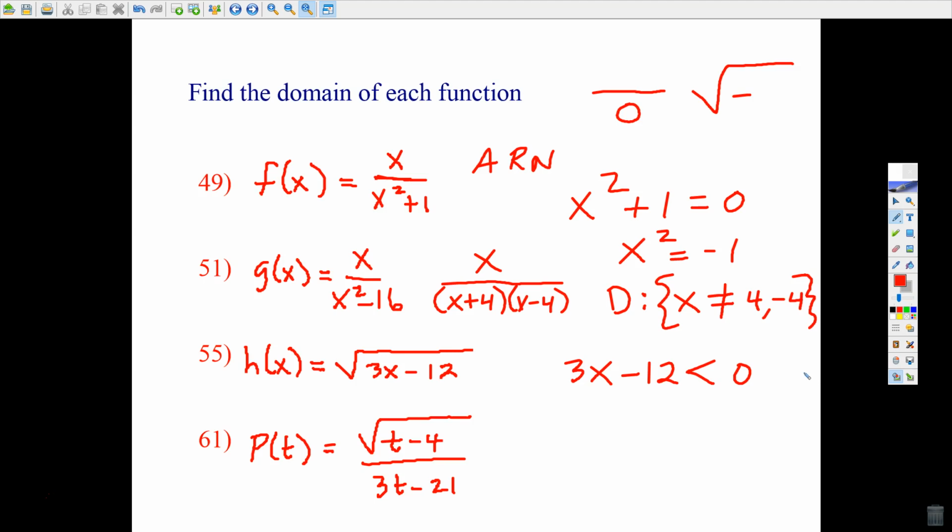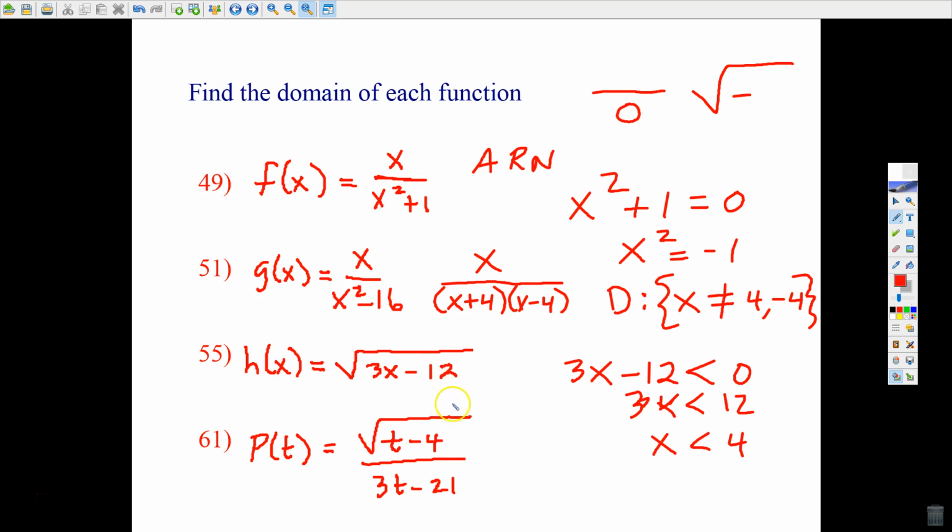Okay? Well, let's see. If we let this be less than 0 and solve, what do we come up with? 3x. 3x is less than 12? Okay, so what we're saying then, if we have 4, it's okay, because that would make the square root of 0. But if I have 3, then I'm going to have 9 minus 12, which is negative 3, and I'm going to have the square root of a negative number, which isn't okay.